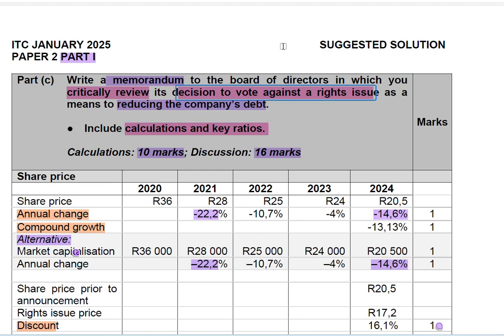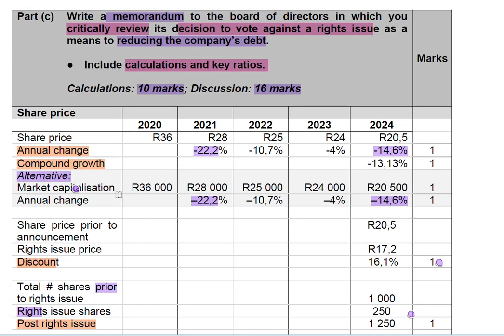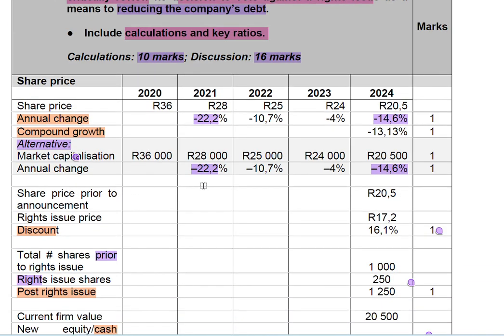Then let's look at our calculation. If you look at our calculation, what we did was calculate the share price movement. Can you see you have 1 mark just for calculating the share price movement? This information is coming straight from your scenario. We saw that table with the share price tracker, so all those figures are coming from that table.